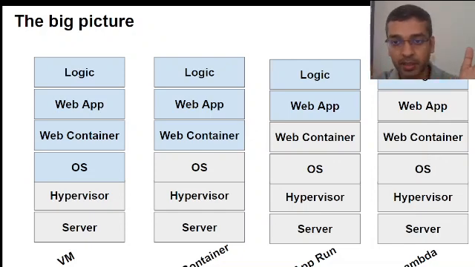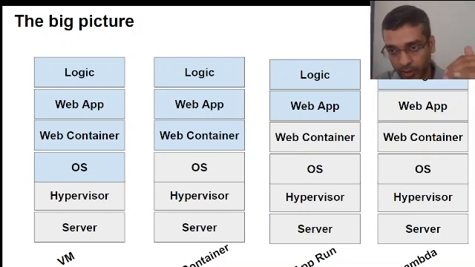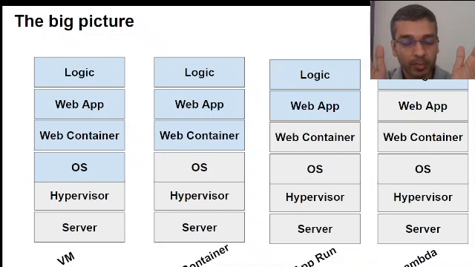There is no container within which it is running. With every other option before it, whether it's a VM, a container, or an app runner, you are getting a container and then running multiple requests within that container. With a Lambda, not only do you get rid of all of these layers, your logic runs independent of any other request. There is no notion of grouping things in a container and running multiple things concurrently within a container.